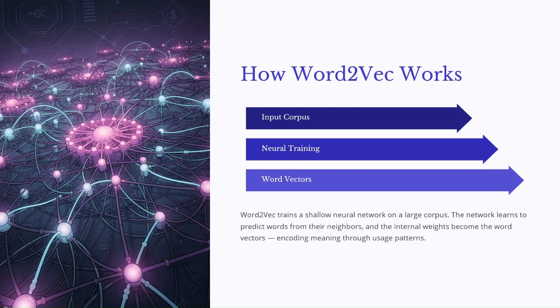So it encodes the meaning through usage patterns. Word2Vec is helpful for a large corpus, meaning large text data or large documents. It introduces neural network concepts, and then it finds out how the usage pattern is there for those particular words.